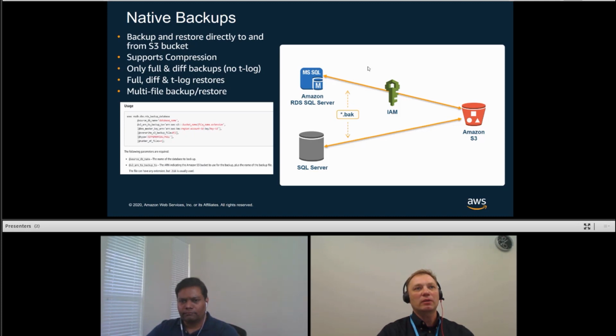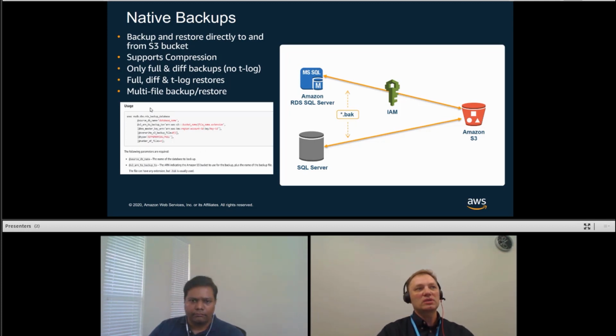It's still very much available, but it works slightly differently from the way you work with native backups on-prem, because here on RDS you don't have access to the underlying operating system and underlying file system. So it works through the S3 bucket.